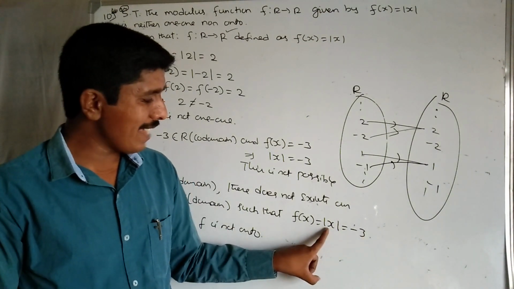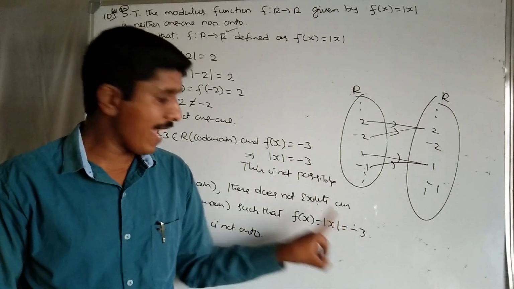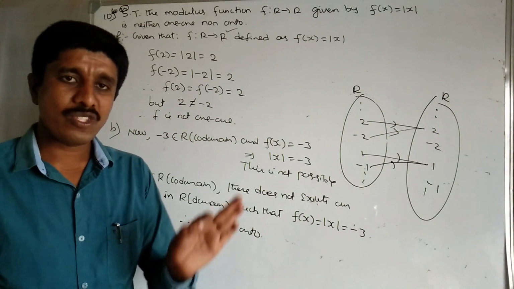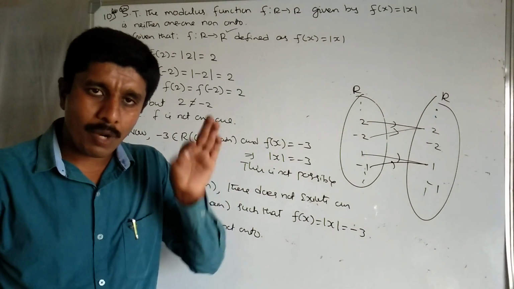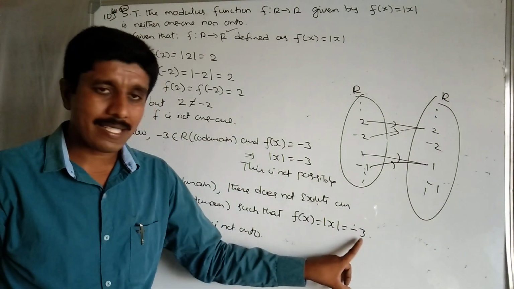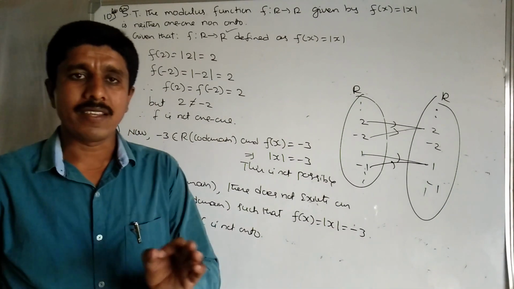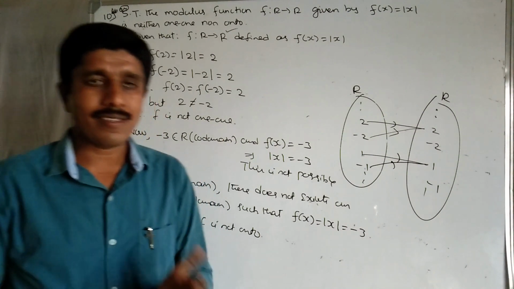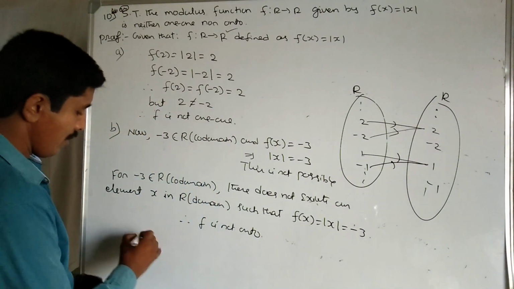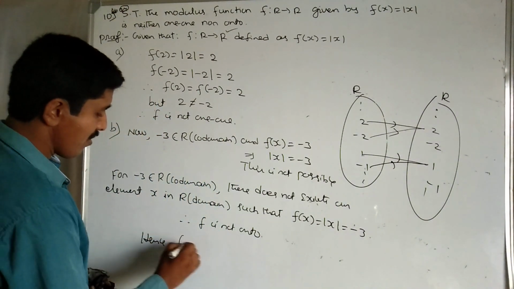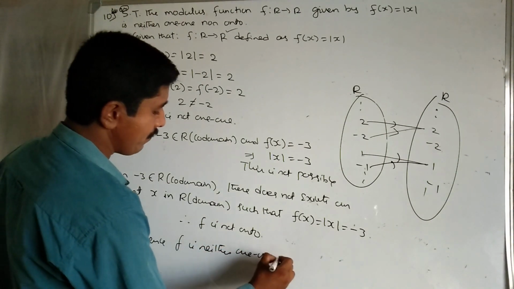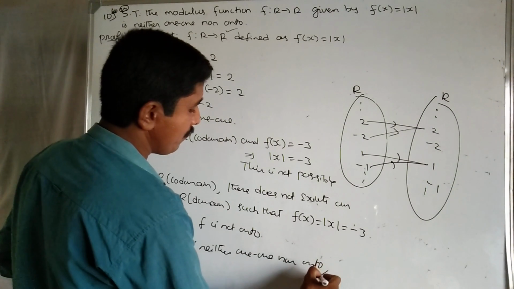There is no value of x in the domain satisfying this condition. Therefore, it is not onto. It is not 1-1 and not onto, hence f is neither 1-1 nor onto.